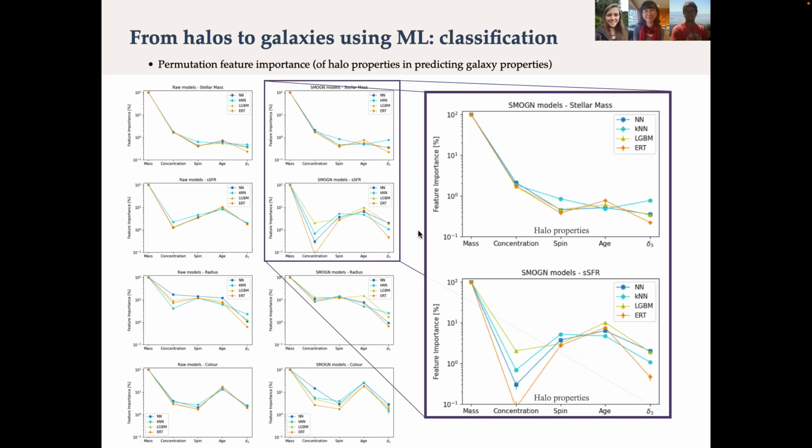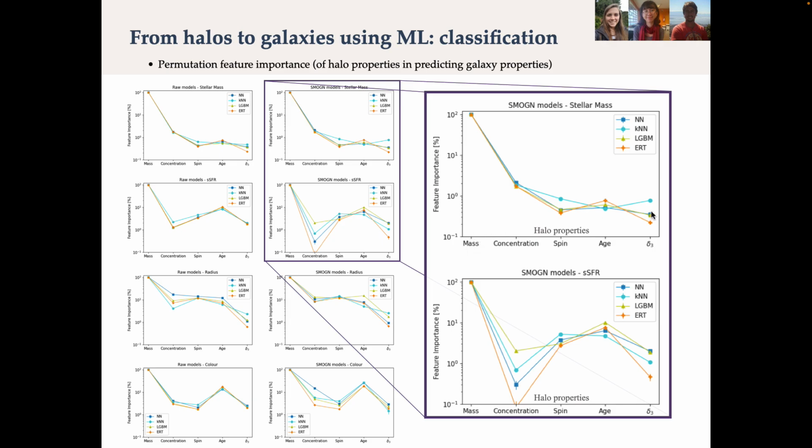We can also ask in this context, what are the most important halo properties that correlate with the star properties, right? So, for instance, for stellar mass, on this inset, we see that the halo mass is the most important parameter, followed by concentration, spin, age, and these are now basically very unimportant compared with mass.